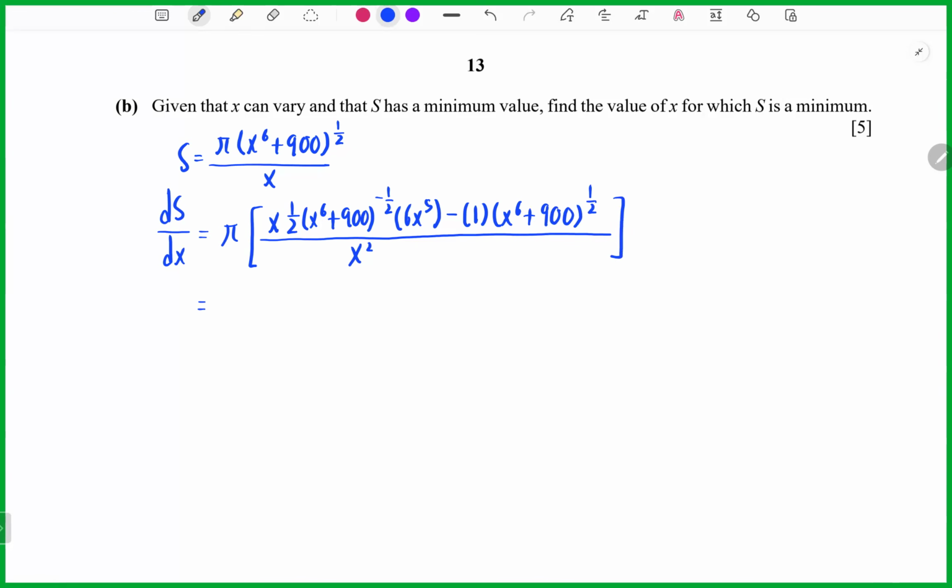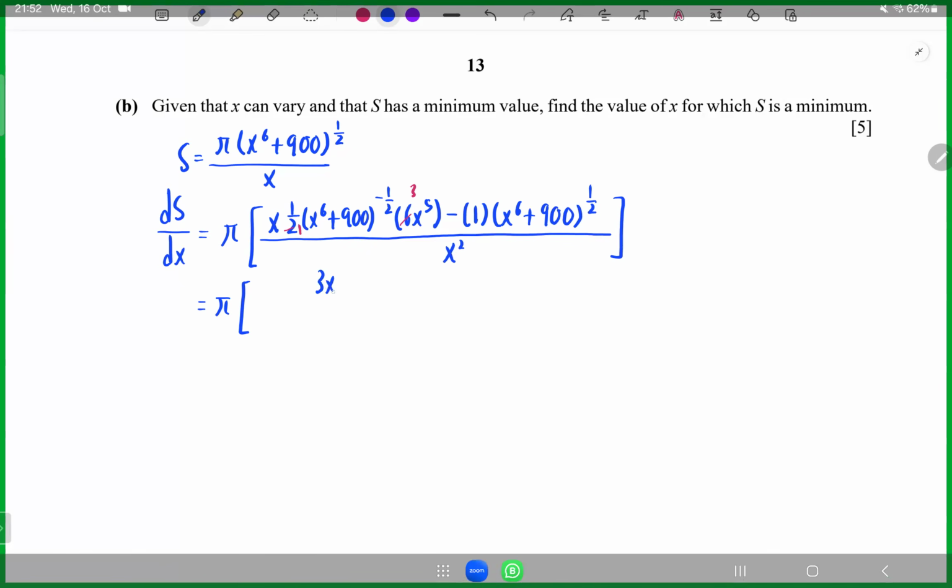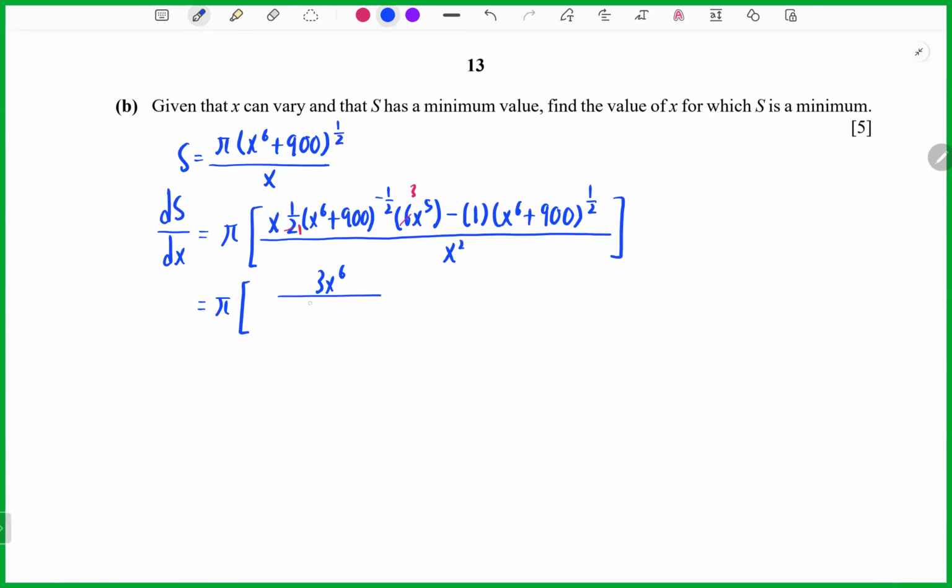Now you can try to simplify first. So we can take times the x squared, and right here 6, so 1 is 3. 3x power 6 over the square root of x power 6 plus 900, and then minus x power 6 plus 900, times x squared.